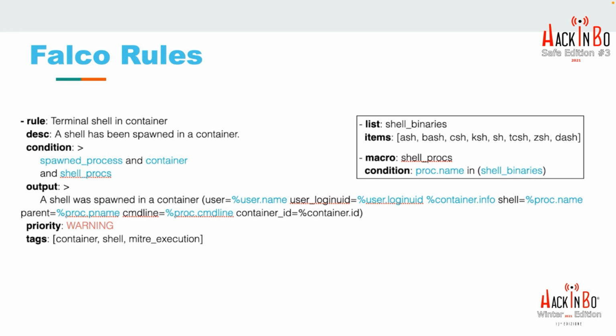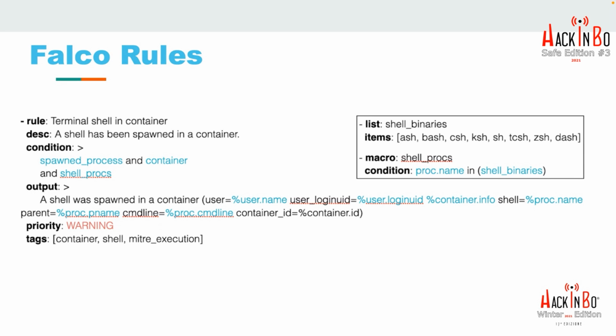We can also define lists and macros, which can be used in rule conditions to make them easier and more readable. Falco rules support logical operators, and there are also other operators, like the in operator if we need to work with lists, and operators like startswith and endswith if we need to match and work with strings.